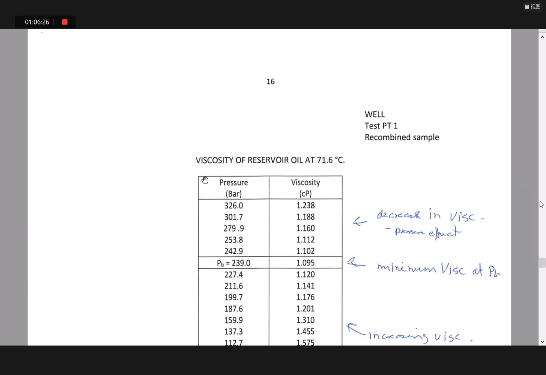Viscosity of the reservoir fluid decreases when we reduce the pressure. That's what we see. We start at a high pressure, reduce the pressure, and the viscosity of the liquid phase is reduced as we reduce the pressure. And we have a minimum viscosity at the bubble point.